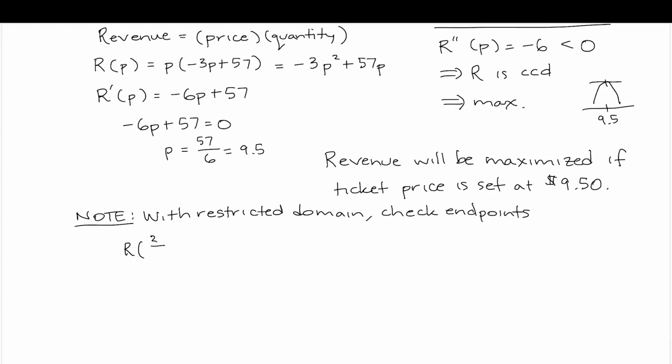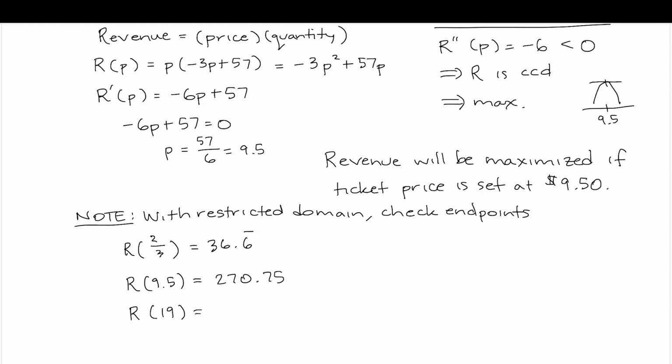In other words, we should check revenue at the low price of 2/3, and we should check revenue at this maximum price value we found of $9.50, and we should check revenue at the highest ticket price possible. So if you take that revenue function, negative 3p squared plus 57p, and you let p be 2/3, you get 36 2/3, so about $36,000 of revenue.